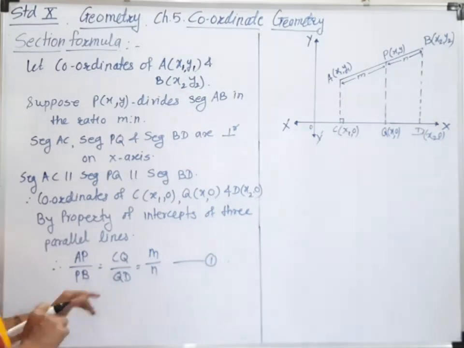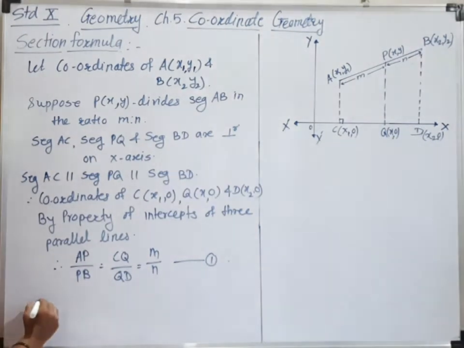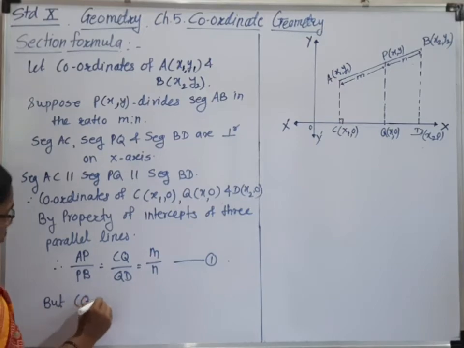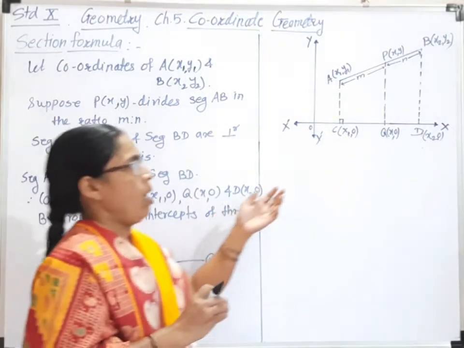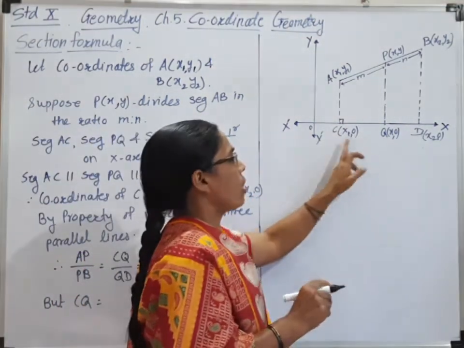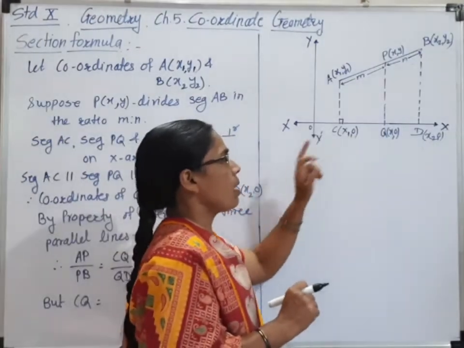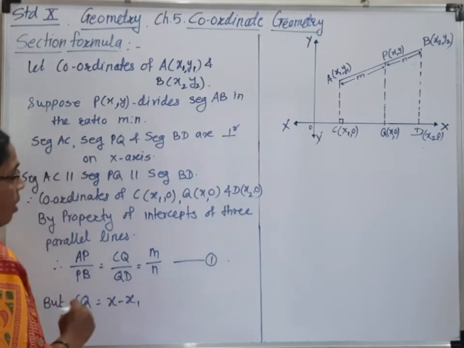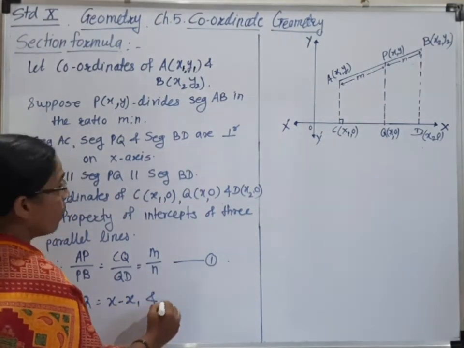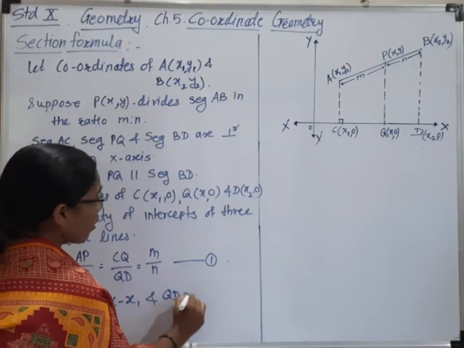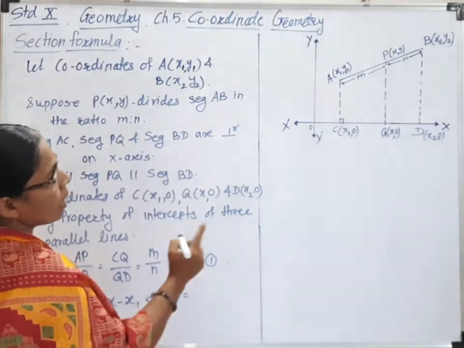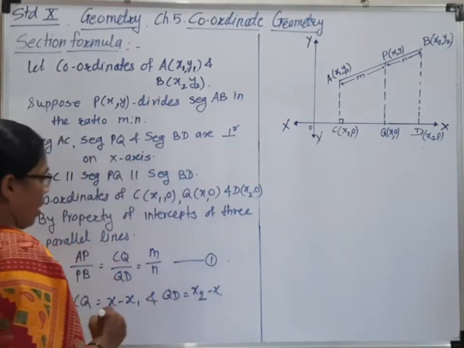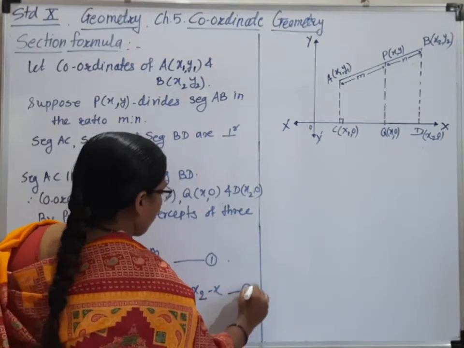Now how can we find the distances CQ and QD? CQ is equal to X minus X1, and QD is equal to X2 minus X. This is 2.